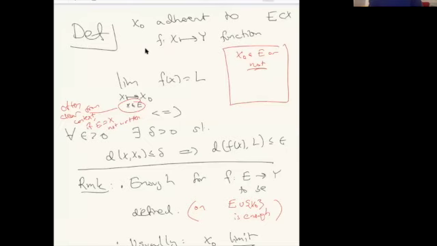The difference is basically what happens to the function value f of x_0 if it is defined, and if x_0 is in E. So this limit point x_0 could be in E, in which case this doesn't impose any condition on that point. So we should say here also that the point x should be in E.